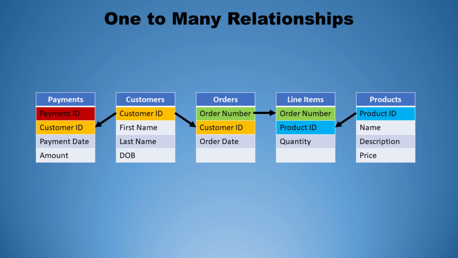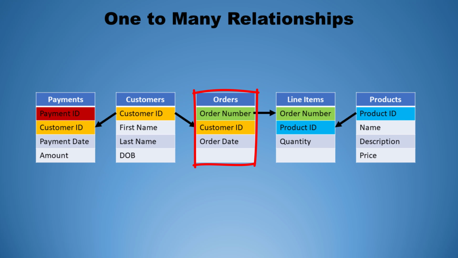In this example, each payments row contains a unique payment ID. All of the payment rows with the same customer ID belong to the same customer. Each customer row contains a unique customer ID. Our SSNs are that way, aren't they? All of the order rows with the same customer ID belong to the same customer.